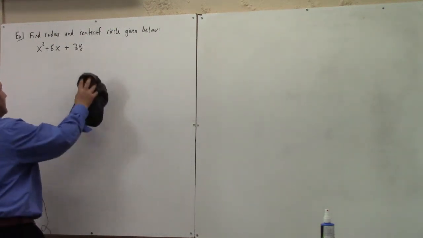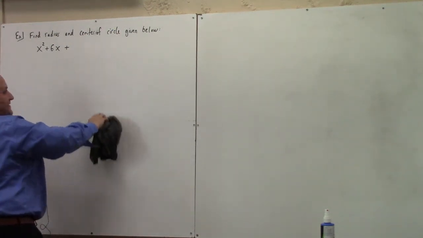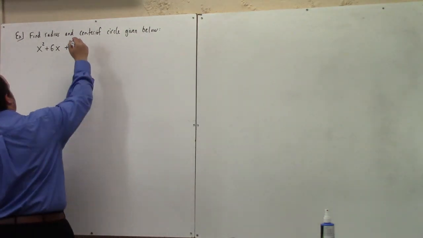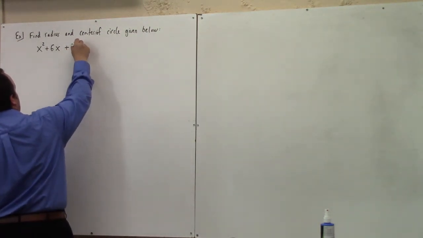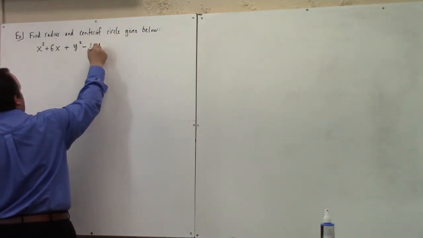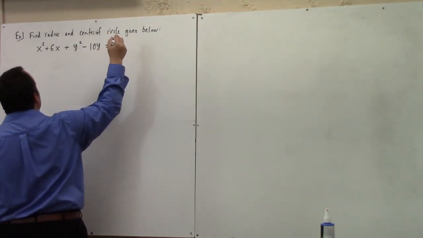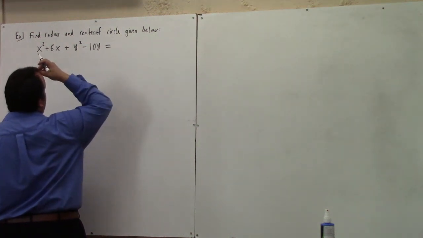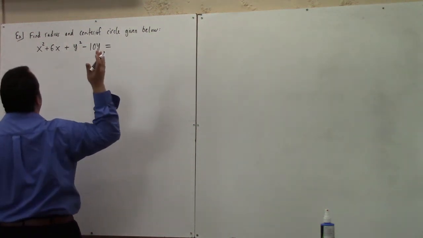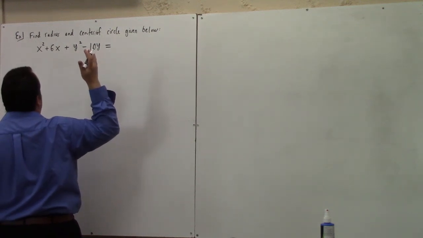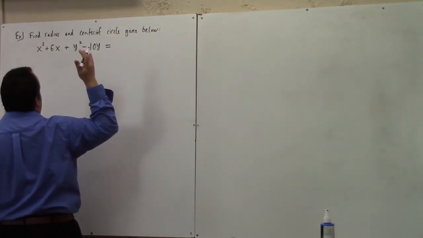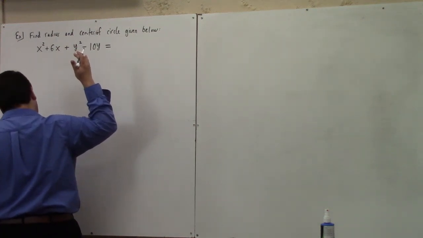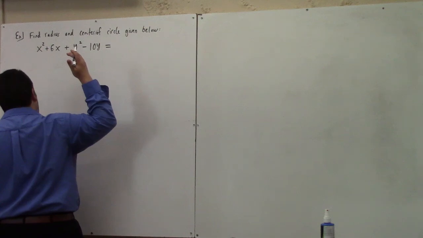I'm about to make your circle into an ellipse. That's not allowed in here just yet, right? X squared plus 6x plus y squared minus 10y equals, I don't know, 12, maybe?